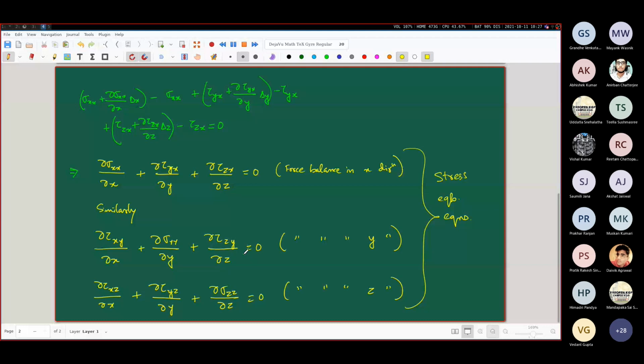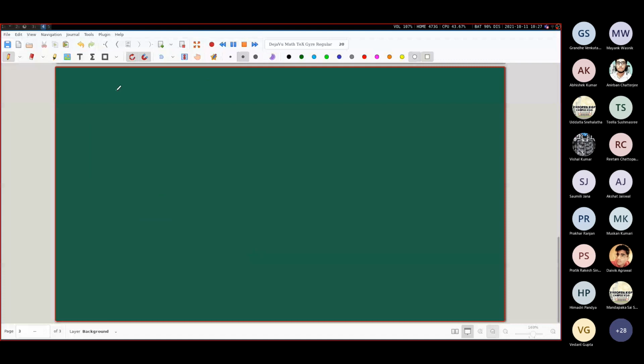Now, pressure vessel, let me go to the next slide. The pressure vessel situation is like this. So we have a thick wall. This is the inner radius, the dotted line represents the inner radius.